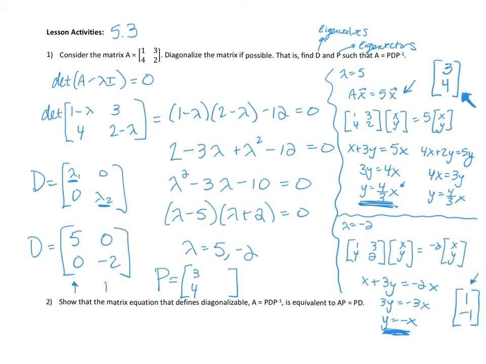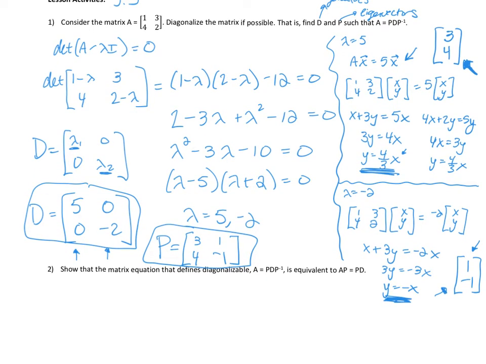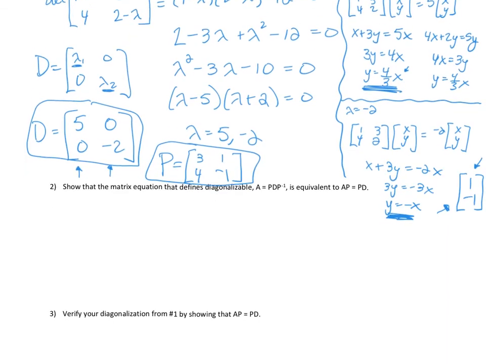And then in D, I put the -2 in the second column. So I need the eigenvector that corresponds to the -2 in the second column of P. So there's my D, and there's my P. I'm not going to ask you to find P inverse, just the D and the P.